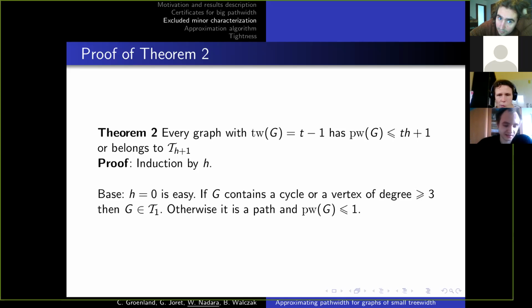Each of these vertices belongs to T0, since it's a connected graph, and any pair of them can be connected by a path that goes through that vertex that we started with of degree 3. And clearly it avoids the third neighbor. So in that case, such a graph belongs to T1.